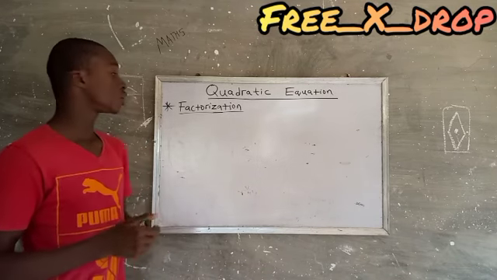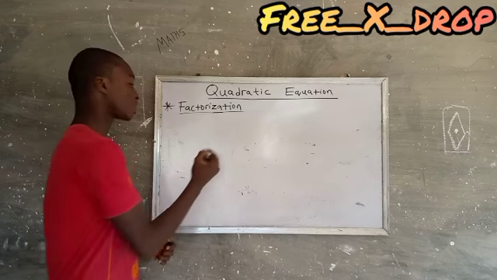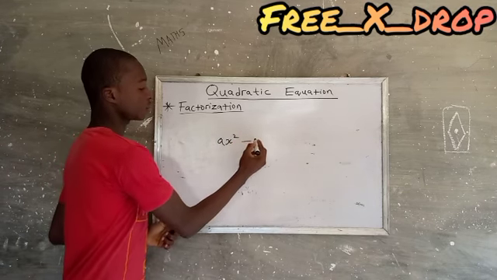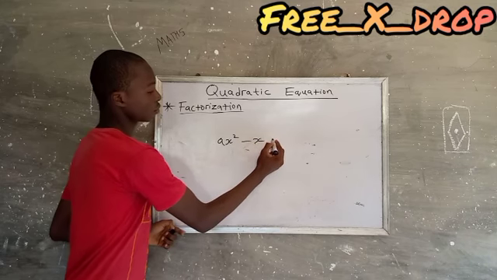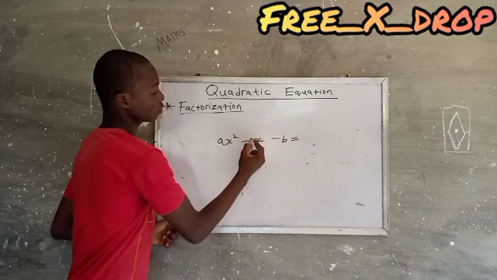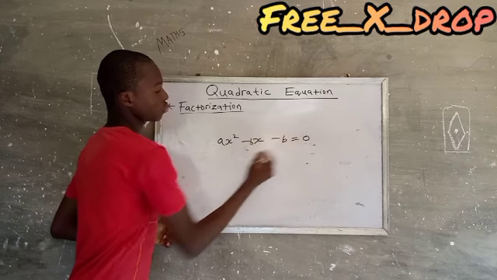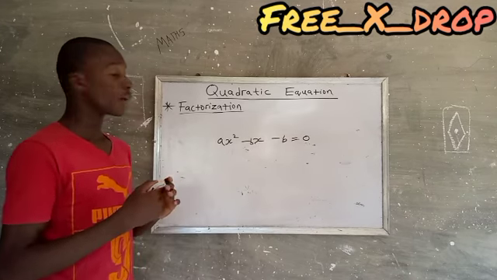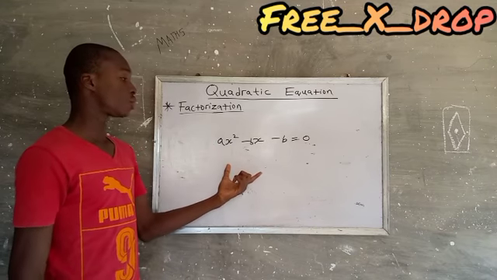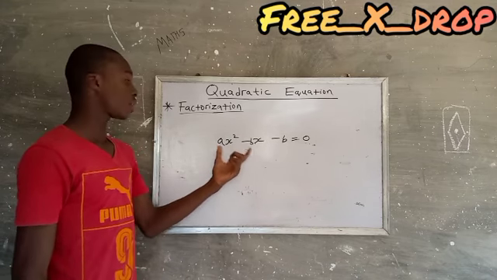For quadratic equations, they usually come with this format. You can have an equation like this. I don't know if you have seen any equation like this before, but this is how a quadratic equation usually comes, in this kind of format.